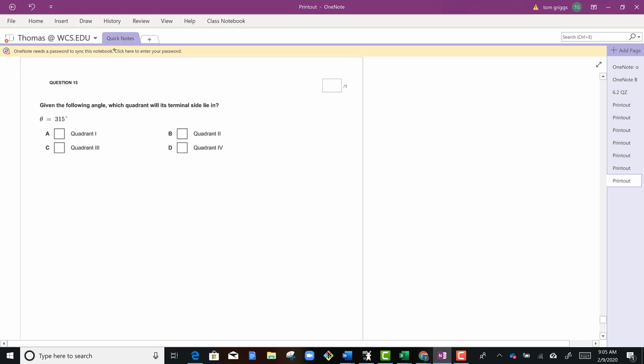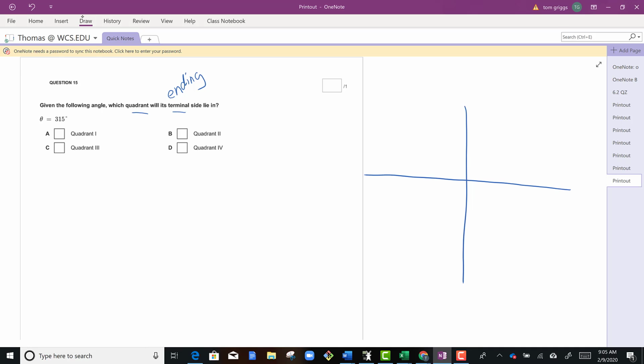Question 15. Given the following angle, which quadrant will the terminal side lie in? Remember, terminal means ending side. So if we quickly sketch this angle, you don't necessarily have to. Here's the initial side, the positive x-axis. 315 is positive, so we're going counterclockwise. That's 90. That's 180.